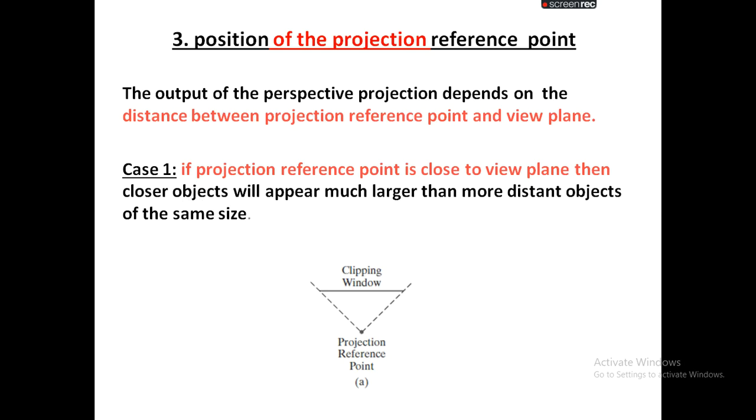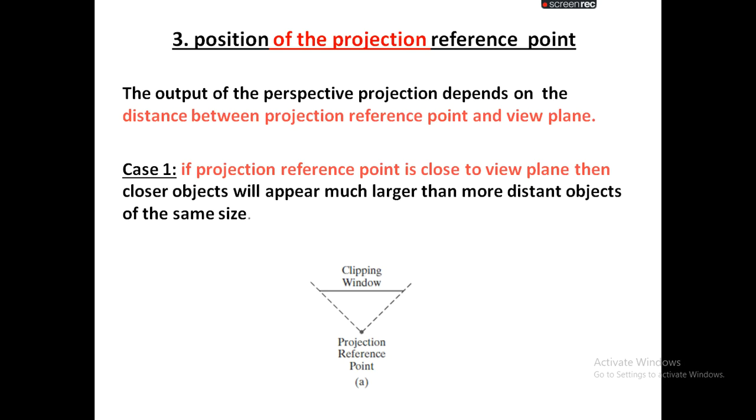What I am saying is, when you place two different objects of the same size and shape, but at different distances from the projection reference point and view plane, then whichever object or line segment is closer to the projection reference point, or closer to our camera, the size of that object will look larger.